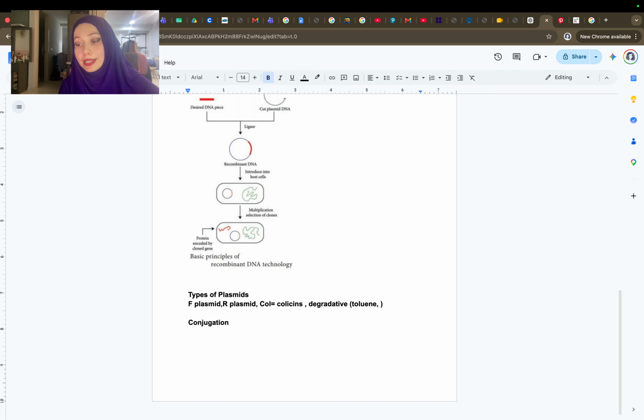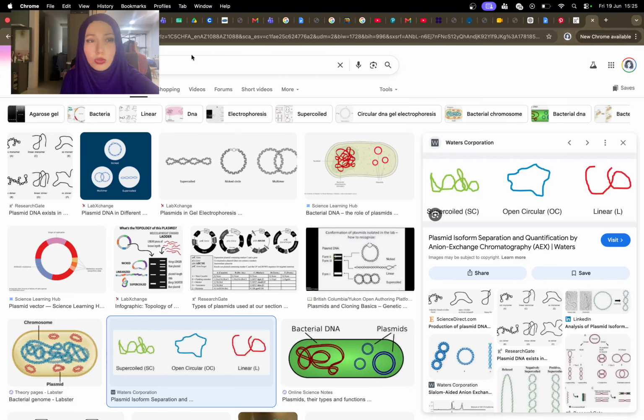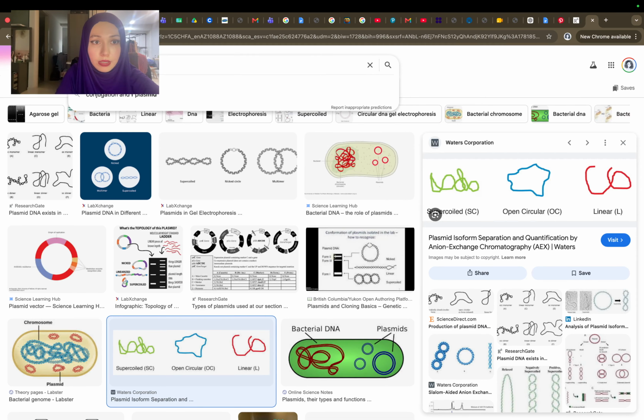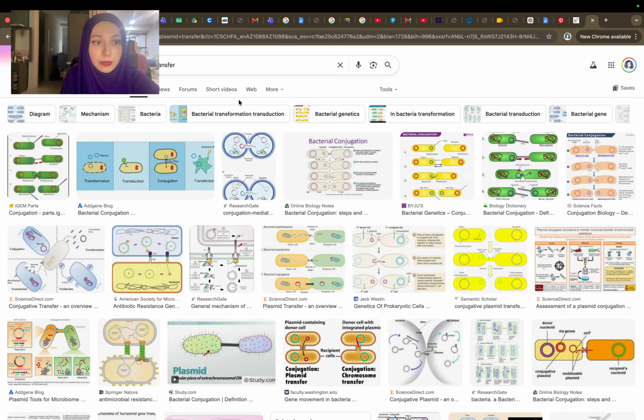The donor forms a pilus. I want to show you this as well. Conjugation and plasmid transfer.